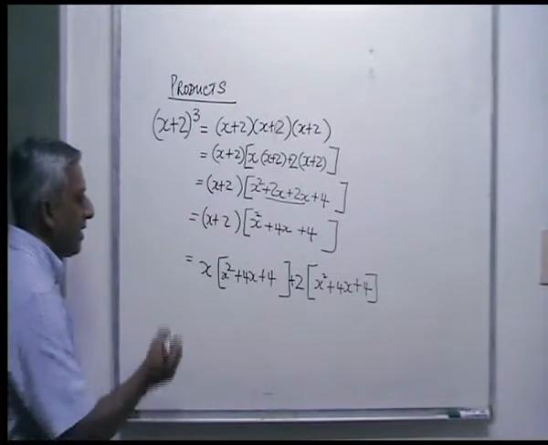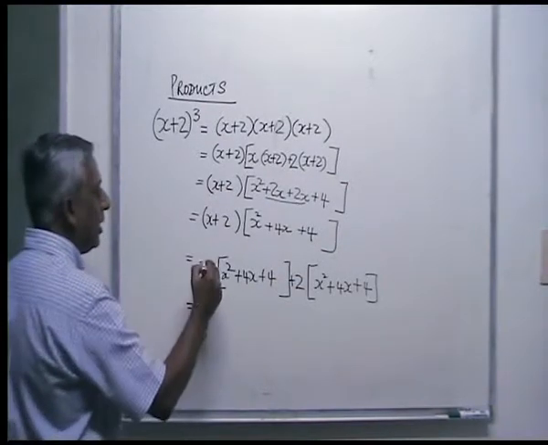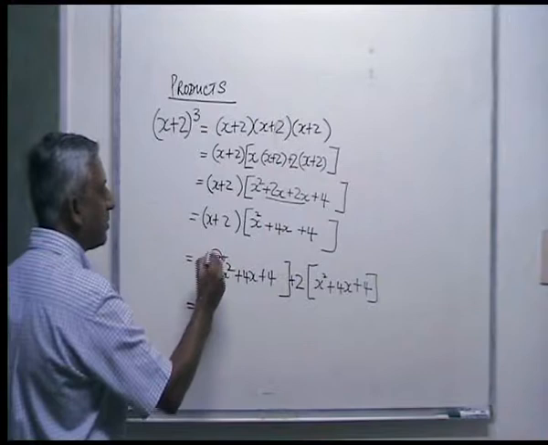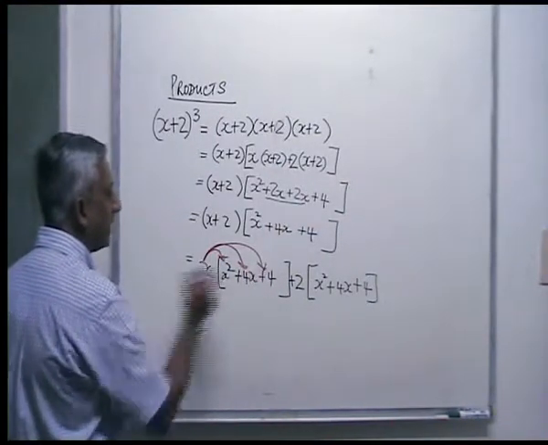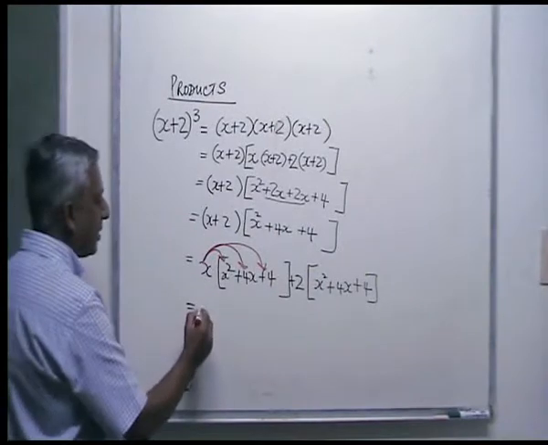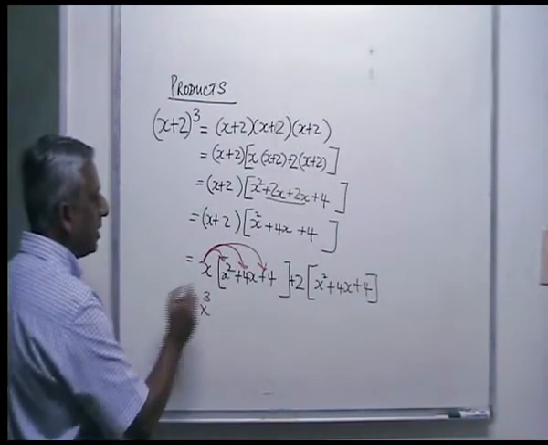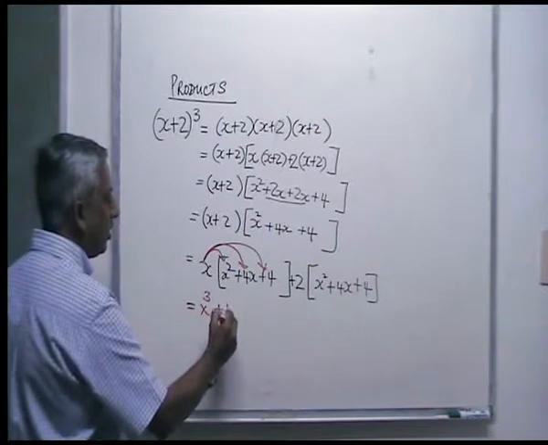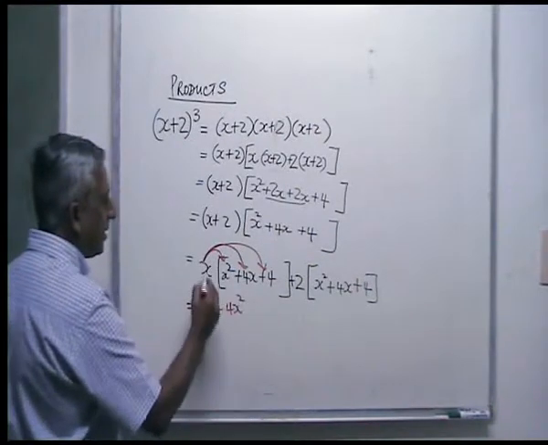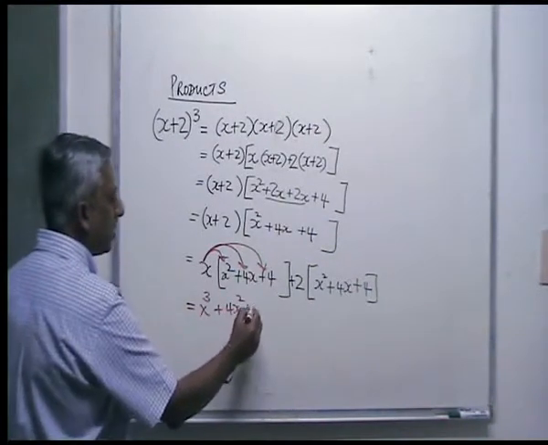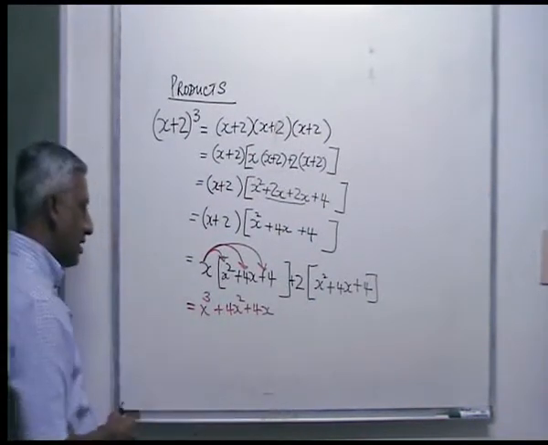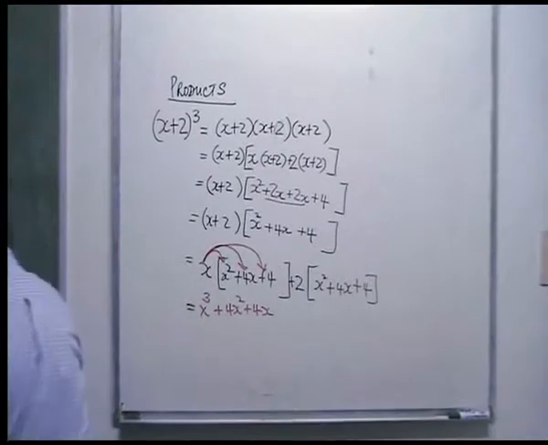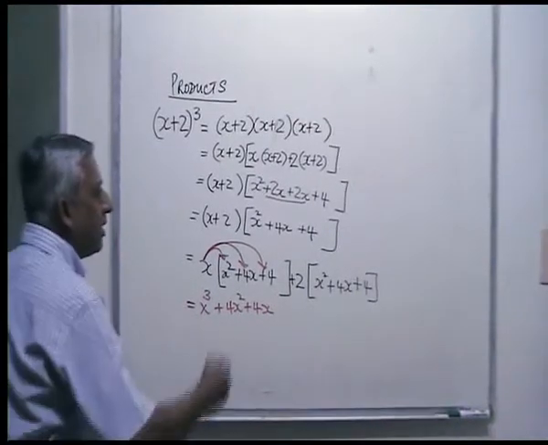Now you're going to multiply only in the front here. Do this multiplication. So x times x squared will give you x cubed. X times 4x will give you plus 4x squared. X times 4 will give you plus 4x. We finished the multiplication here. Then you're going to do the multiplication there.